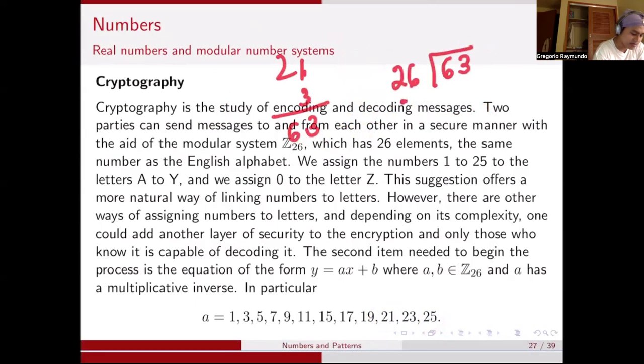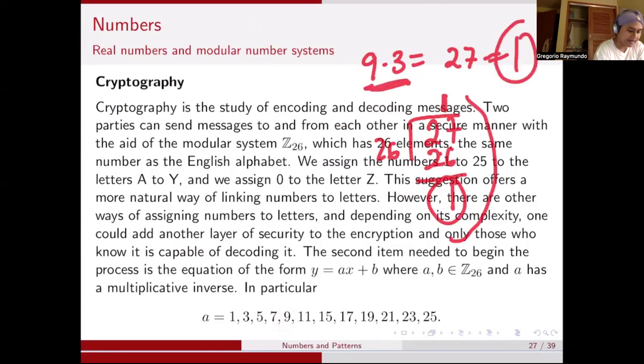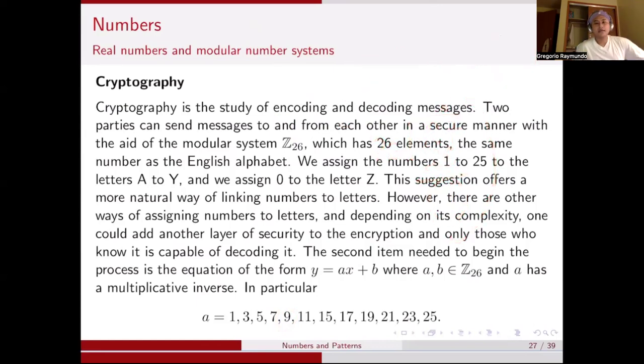Mukhang hindi. 9 yata. 9 times 3, 27. 27 divided by 26, 1, remainder 1. Ayun. So ito ay equals to 1. Ayun, 9 times 3. 9 ang inverse ni 3. So, ganun din, ang inverse ni 9, si 3. Ang inverse ni 3, si 9. Pair sila.